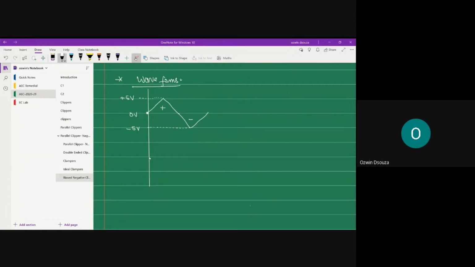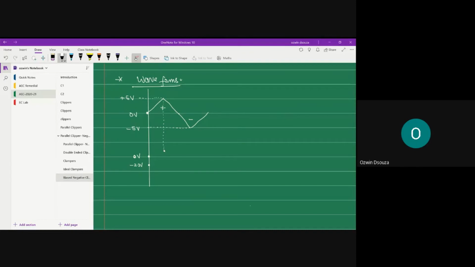Let us consider this as the 0 volt level for the output. Minus 2.3 is going to be somewhere here. Output is at minus 2.3 volts.